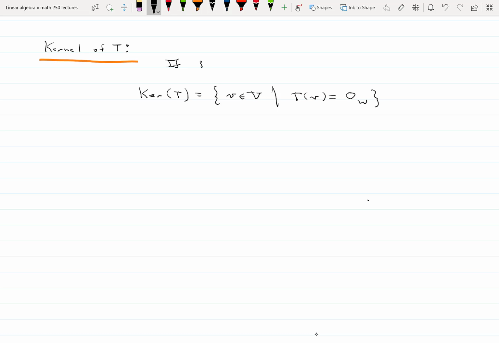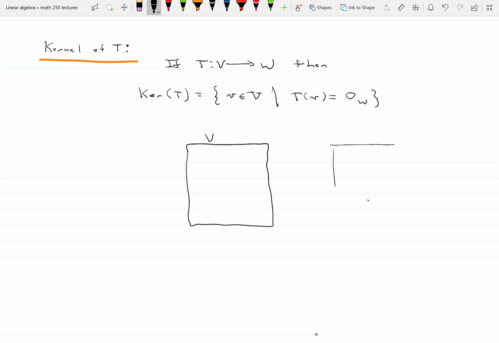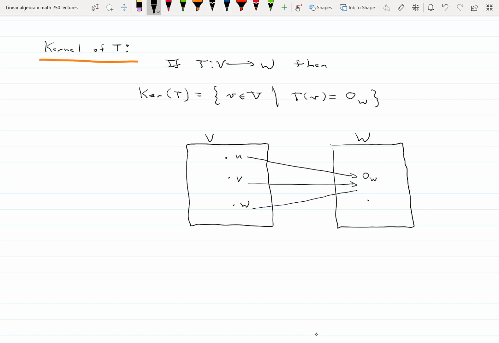So if T is a linear transformation from V to W, then the kernel of T is everything that gets sent to the zero vector in W. If this is our domain space V, and this is the codomain W, and let's say the vector u in V gets transformed into the zero vector in W, v gets transformed into that same vector, and w gets transformed into that same vector.